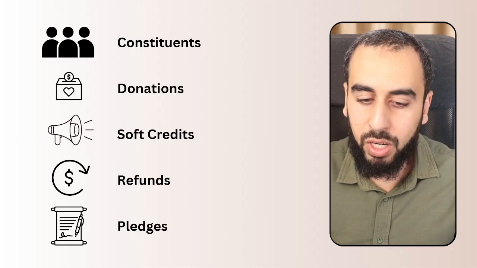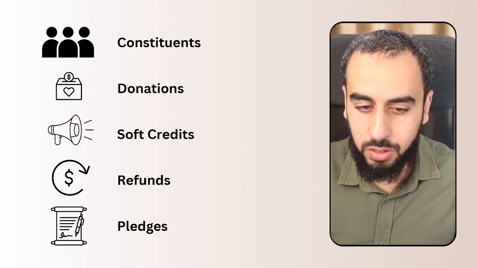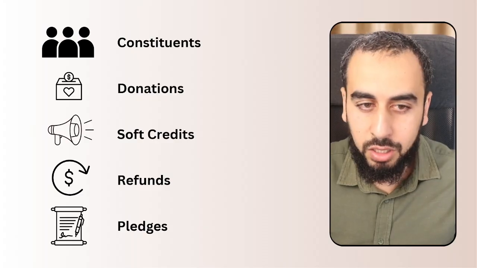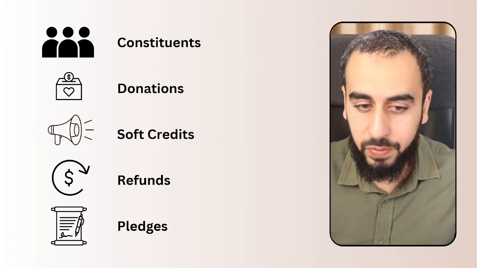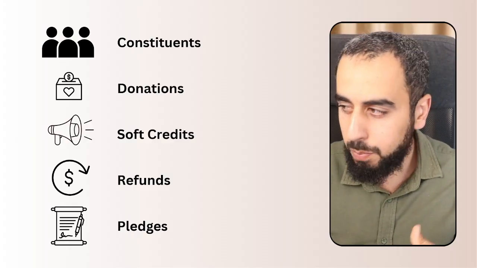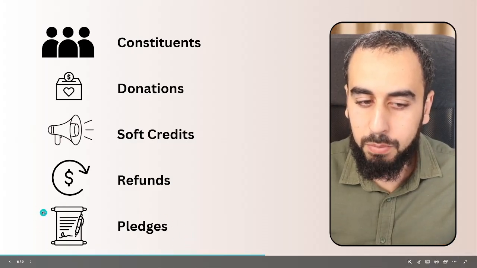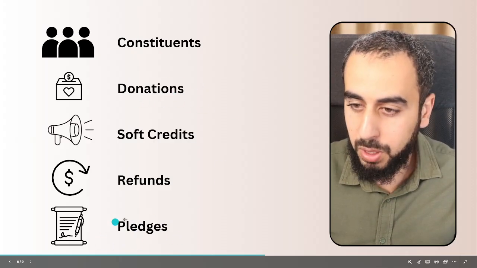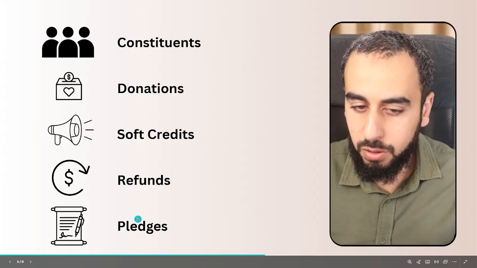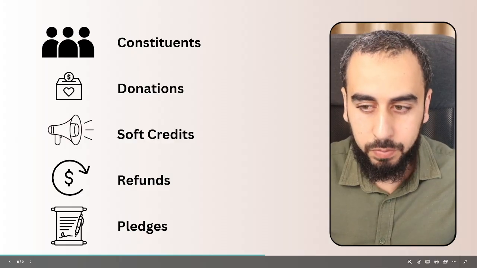But then throughout this year, they might make other donations, individual donations that are not related to a particular pledge. To tell the difference between which ones are part of a pledge and which ones are not part of the pledge, we need to have a standalone pledge table. And then we relate those donations to this pledge to know which donations are fulfilled and which ones are not.